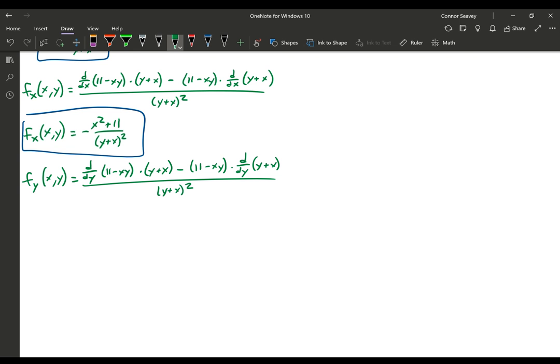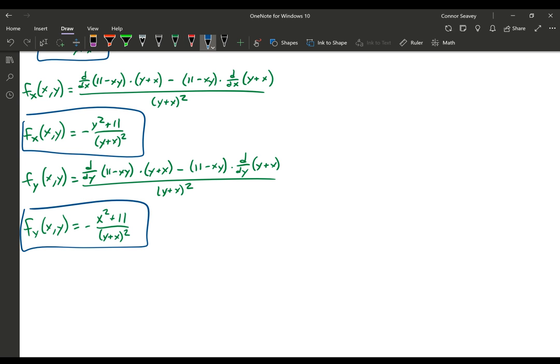And the derivative of 11 minus xy with respect to y is going to be negative x, and the derivative of y plus x with respect to y is going to be 1. So again, to save some time, I'm just going to write this as negative x squared plus 11 over (y plus x) squared. All right, this is our first partial with respect to y.